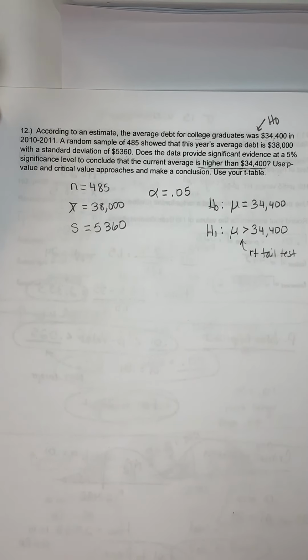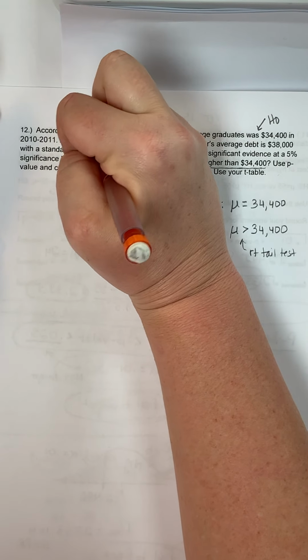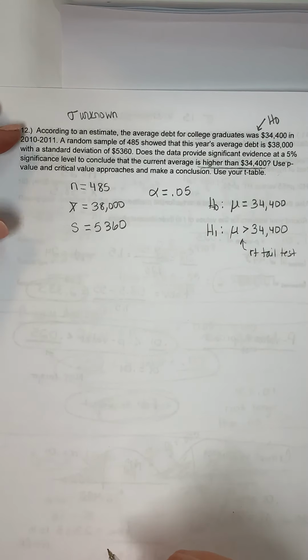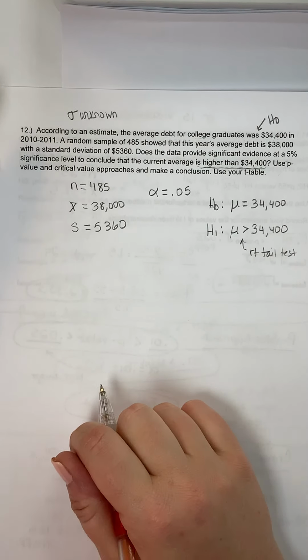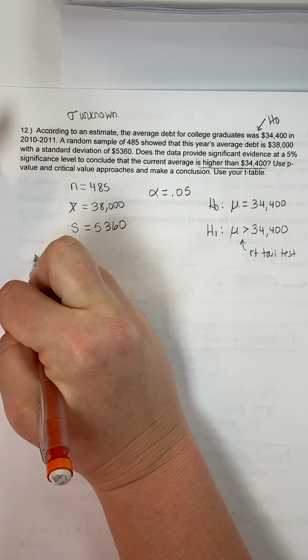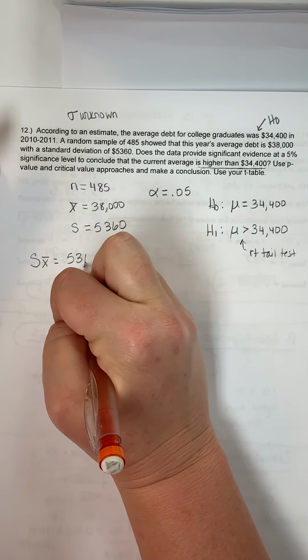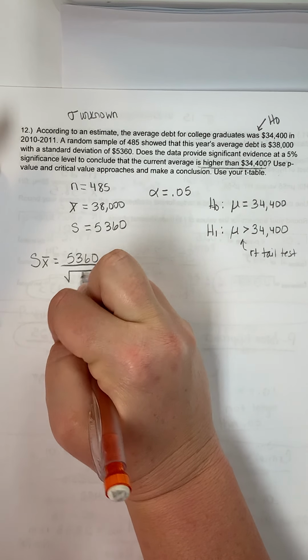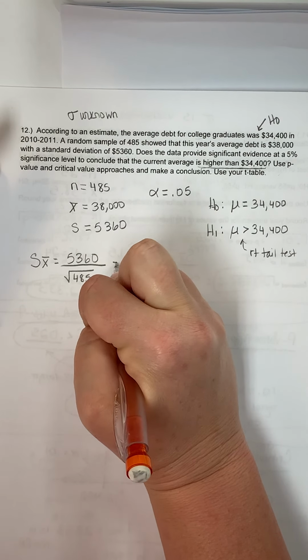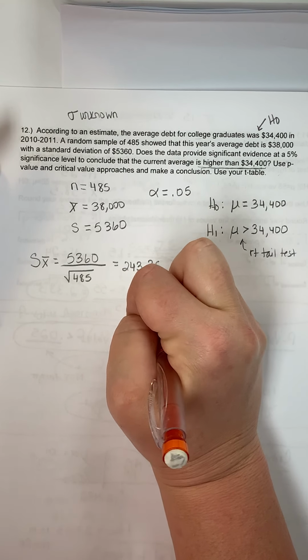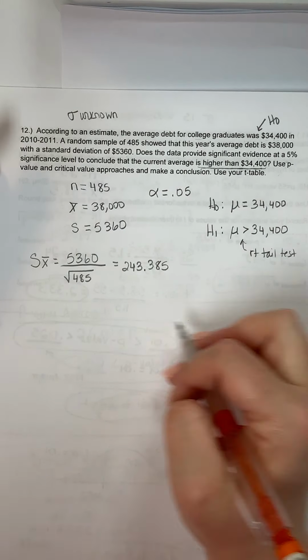All right, so sigma is unknown. It's our last sigma unknown for the packet. The rest are proportion. Okay, here we go. So I'm going to find S of X bar. It's going to be S divided by the square root of N. It's going to give me 243.385.